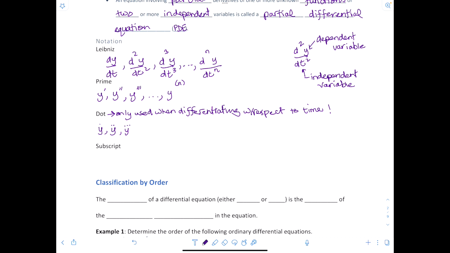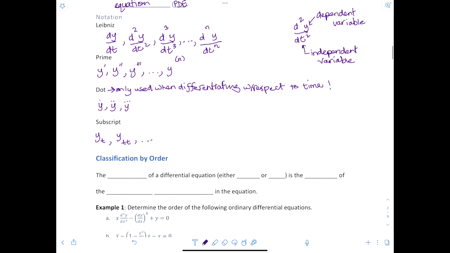So y sub t would be the first derivative with respect to t, and y sub tt would be the second derivative, etc. Okay, so we're going to see mostly the top two.